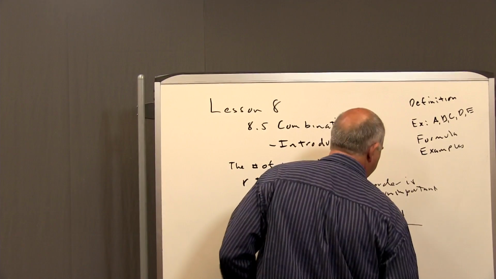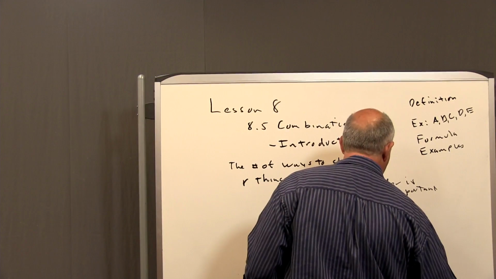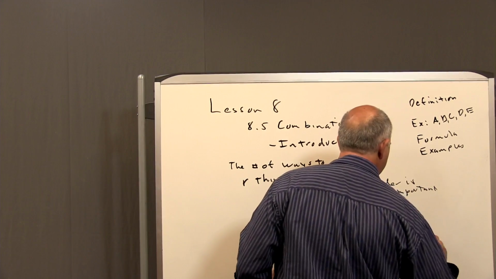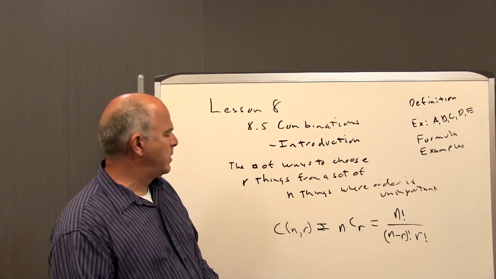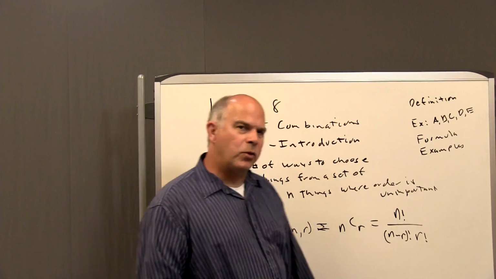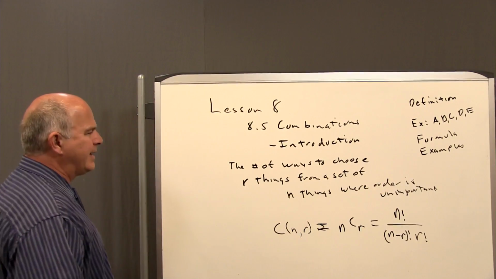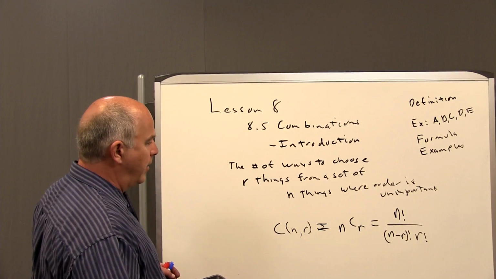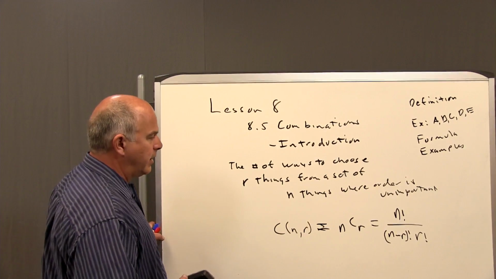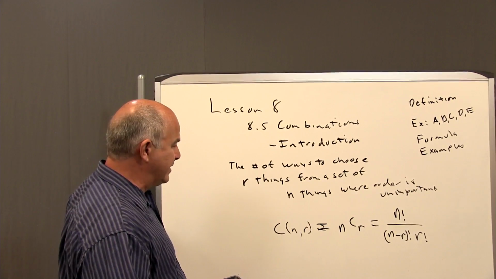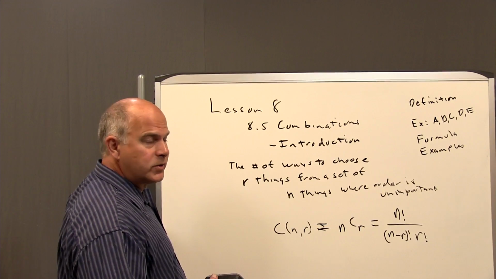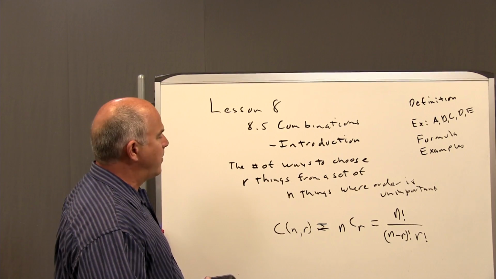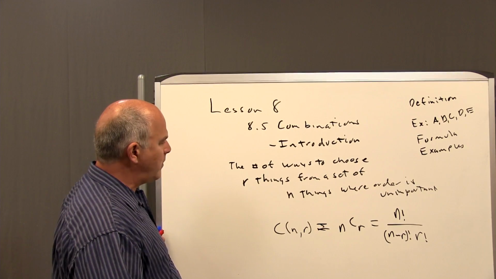So it's pretty much the permutation formula with that little r factorial added in, and that shrinks down the number of ways to do this, because order is no longer important, and they're going to end up being far smaller numbers because of that.